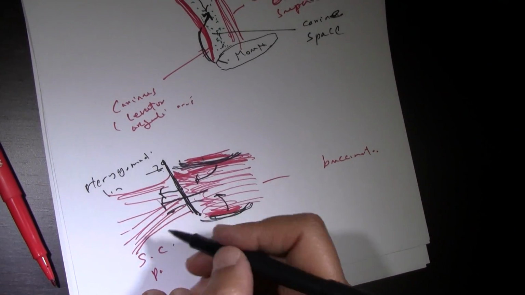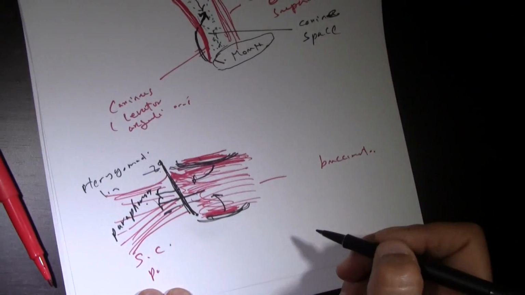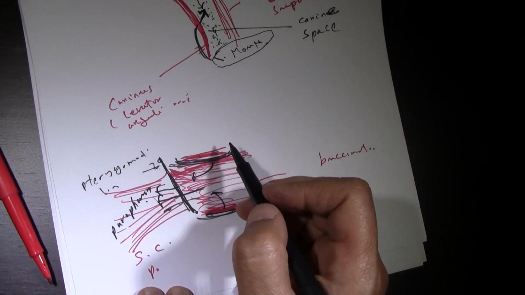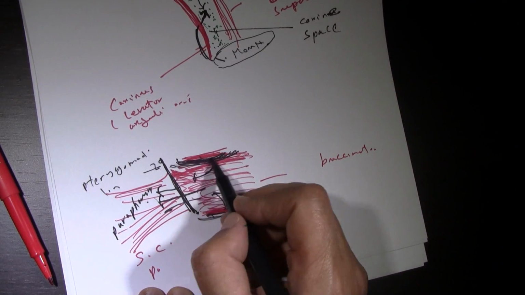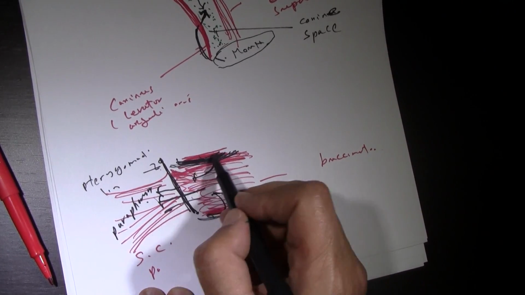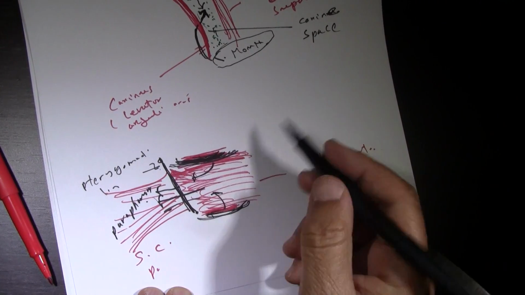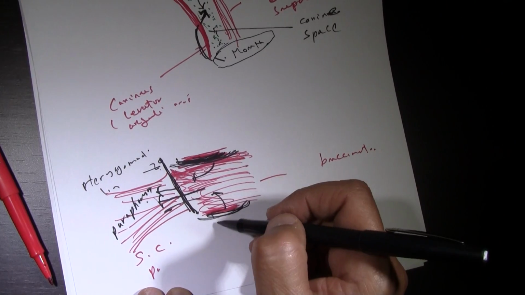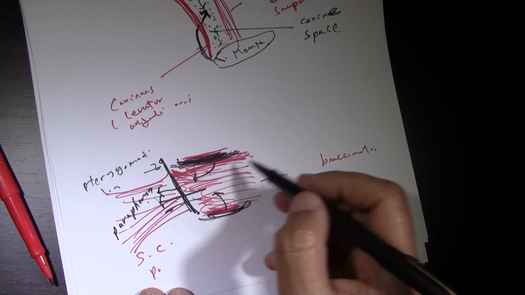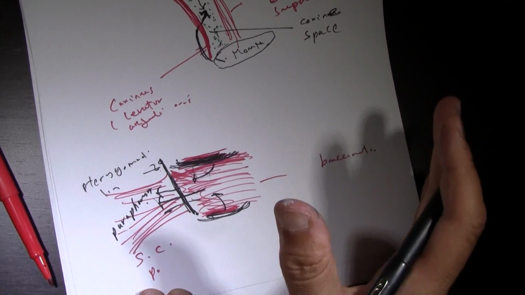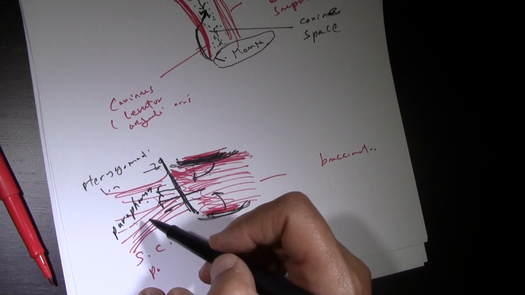Then this buccal space also communicates with the submandibular and sublingual spaces. So basically, if there is any infection in the molar teeth, it can spread to sublingual, submandibular, and at the end to parapharyngeal.